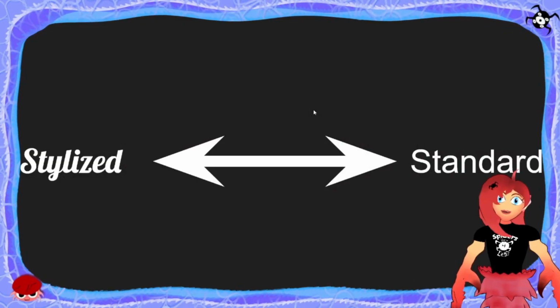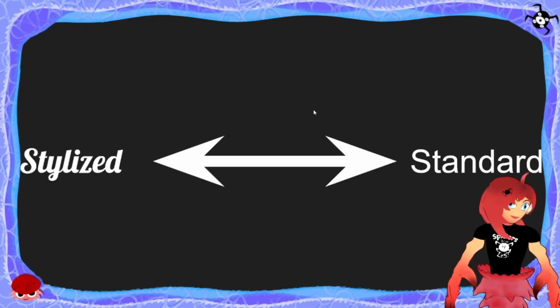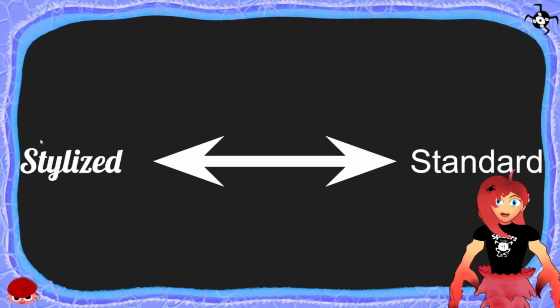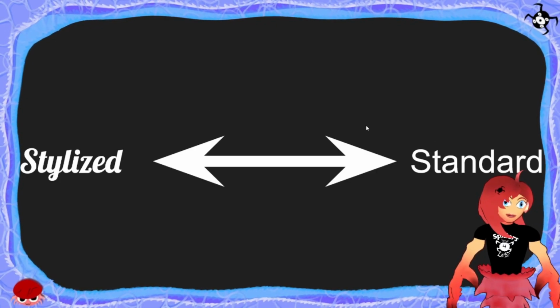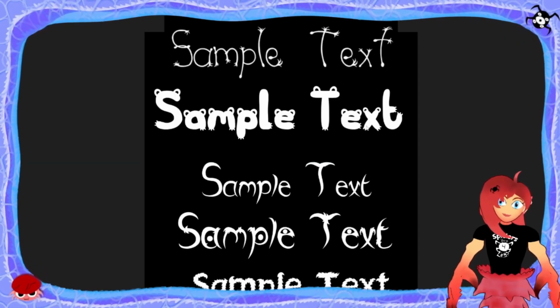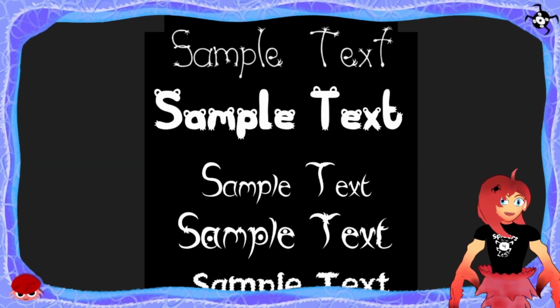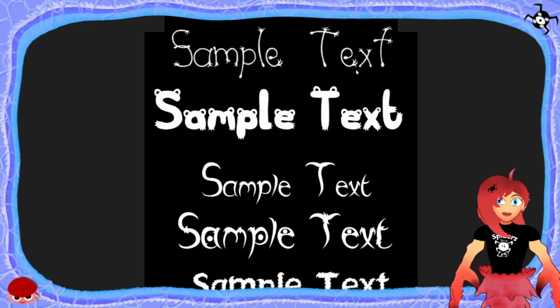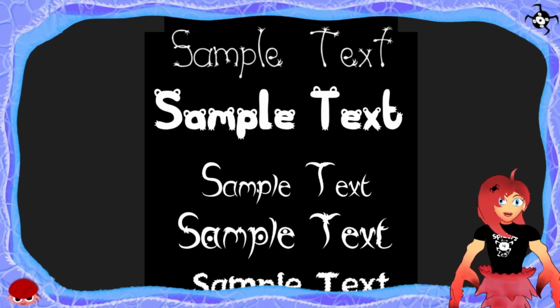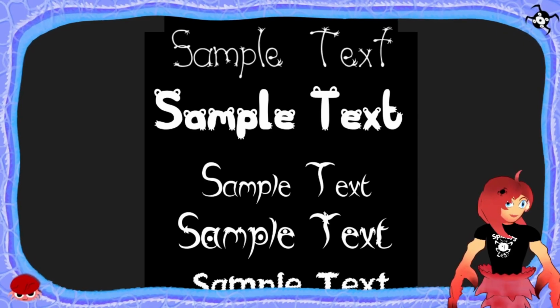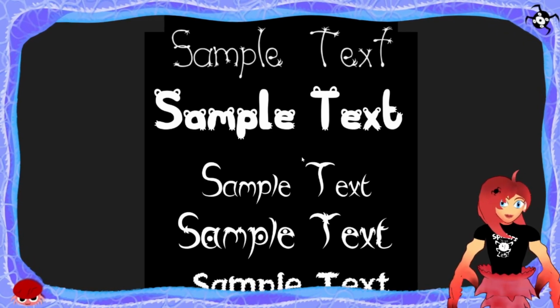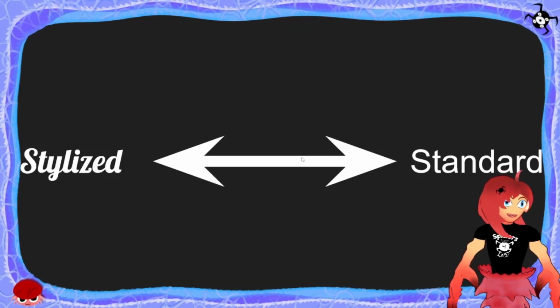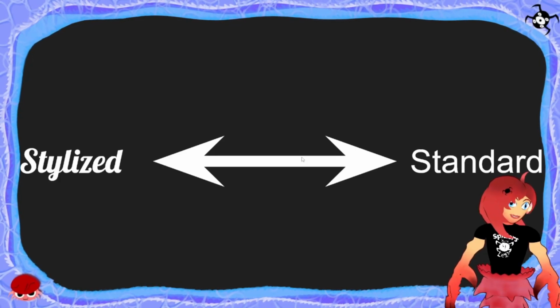You want to find, before you start even drawing, where you land between stylized and standard. Let me show you an example of some of the fonts that I made. So these are the fonts that I made, and as you can see, they're stylized, but they have standardization enough so that you can read it. This is where I land on the spectrum, but once again, make sure you know where you are on the spectrum before you start drawing.